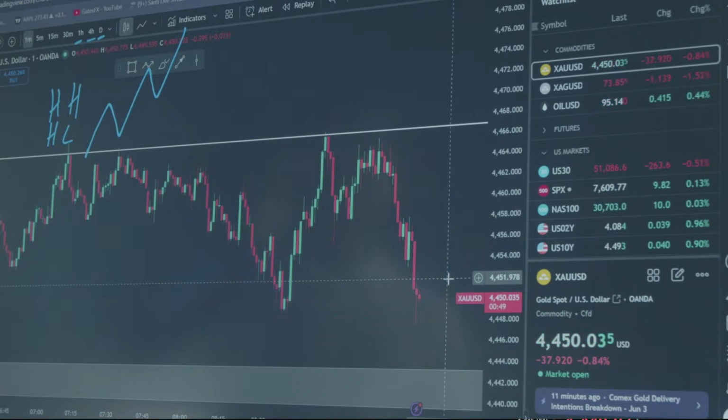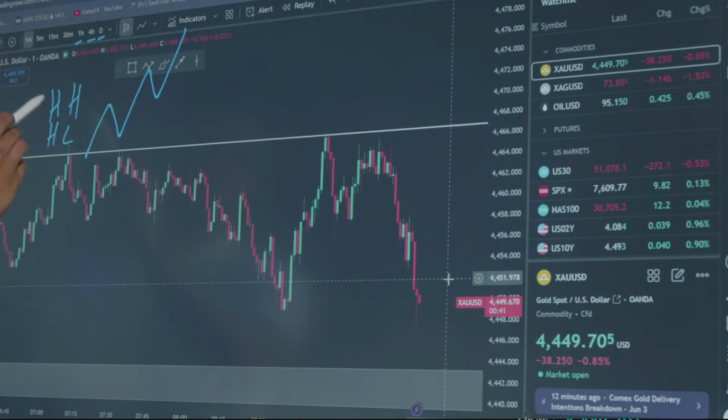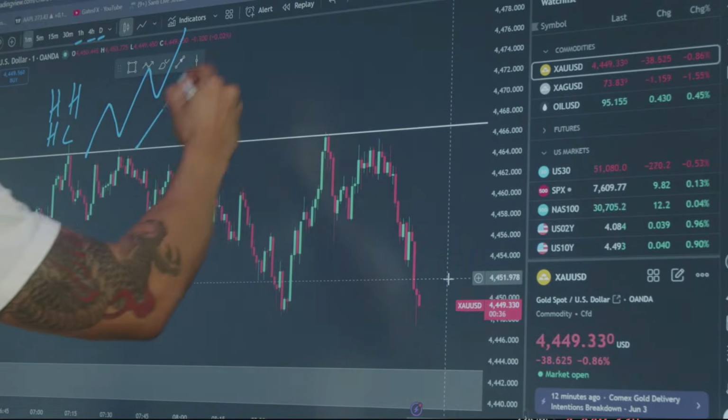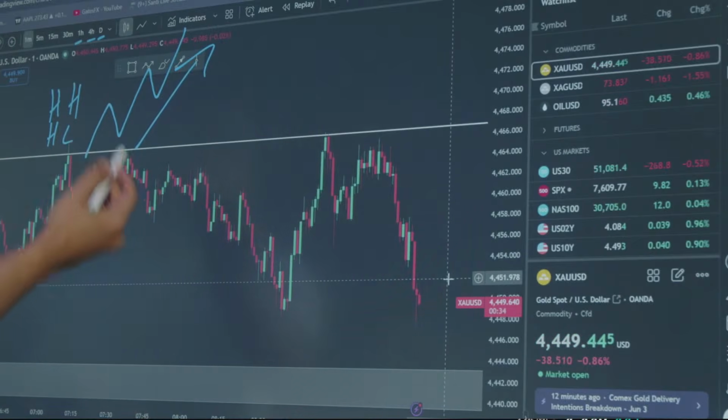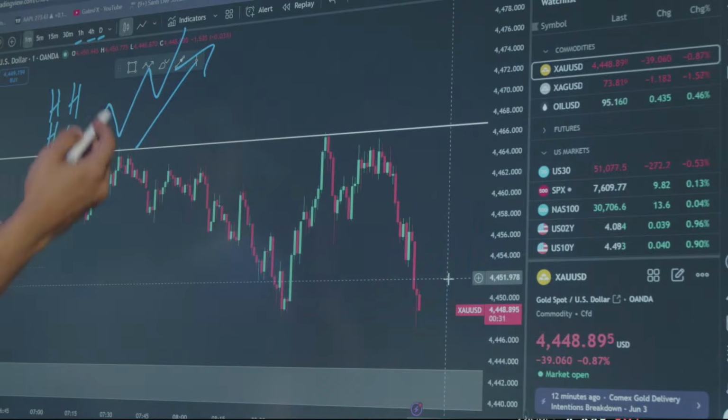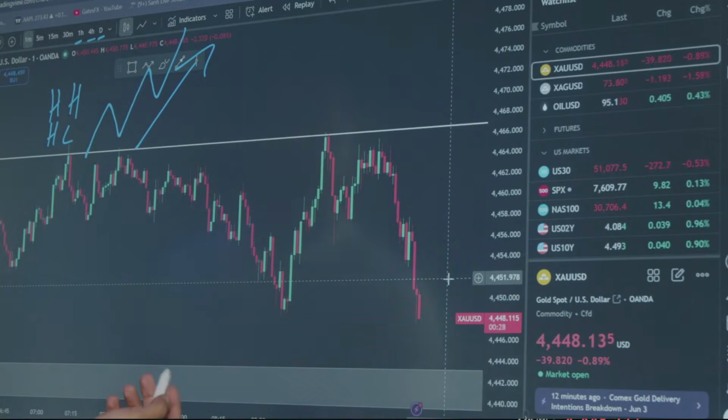We want to make sure we have the higher time frames and the intraday time frame structure, and those are going to be the key structure points that you focus on. But again, you only focus on higher highs and higher lows when you're in that uptrend. This is why we don't do trends, because trends and market structure give you the same answer, except trends, in my opinion, are a lot more basic.